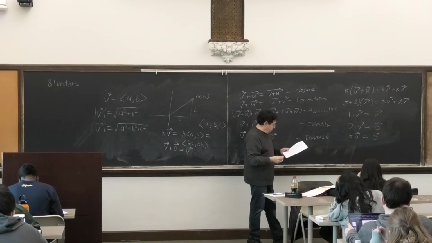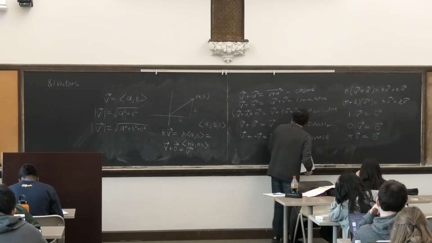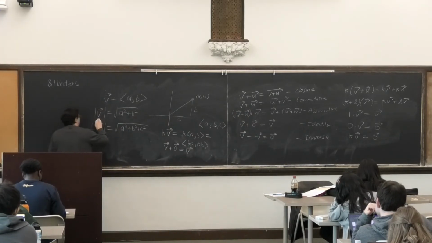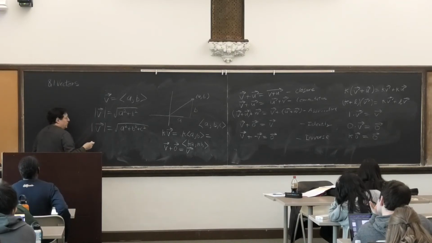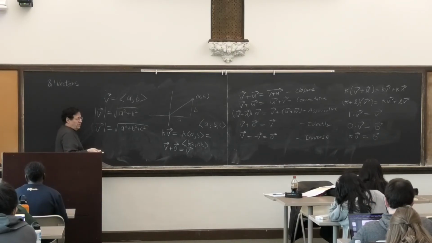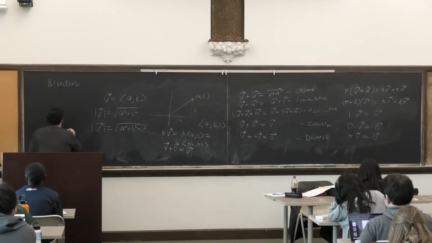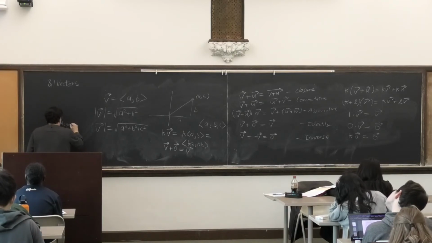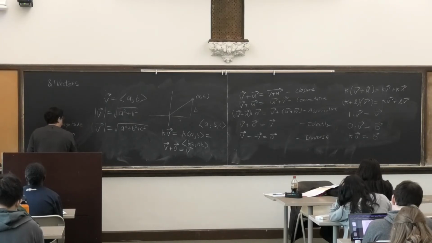And finally, the last property in this list has to do with the magnitude of a vector. We're giving this yet another name. We could call it the magnitude, or sometimes we use the word norm of a vector.